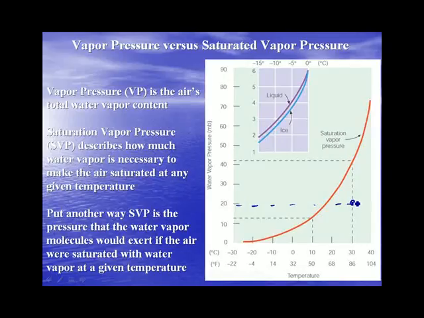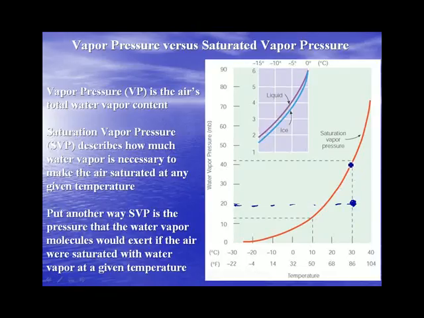So the actual vapor pressure of this particular water vapor molecule at 30 degrees is 20 millibars. So we can actually measure the actual vapor pressure, and we say it's 20 millibars. The question is, how much can that air parcel hold, though? How much more vapor pressure can that air parcel hold? Think about it a second. This is the actual vapor pressure if I stop the parcel right here at 30 degrees and go over here and I measure it at 20.